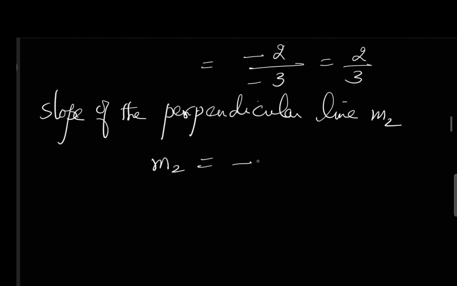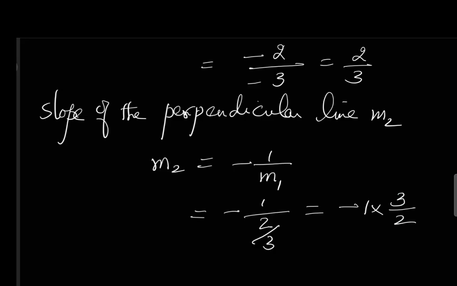So that is minus 1 by m1. So what is m1? Minus 1 by 2 by 3. So minus, 1 into the reciprocal, 3 by 2. So that is equal to minus 3 by 2. So the slope of the perpendicular line is minus 3 by 2. This is the answer.